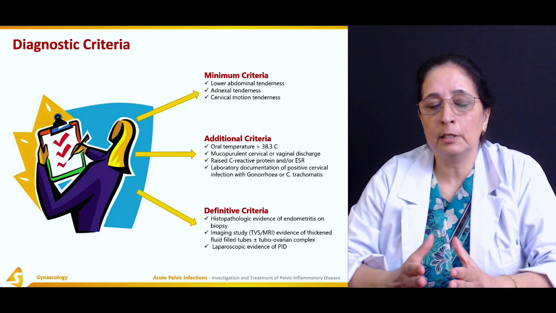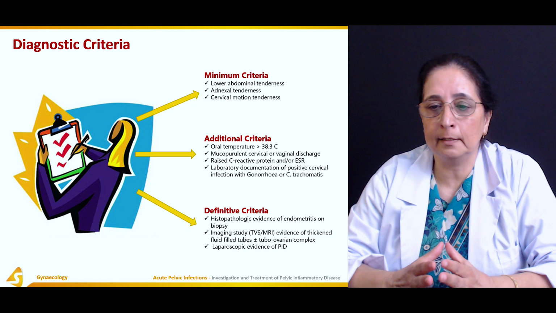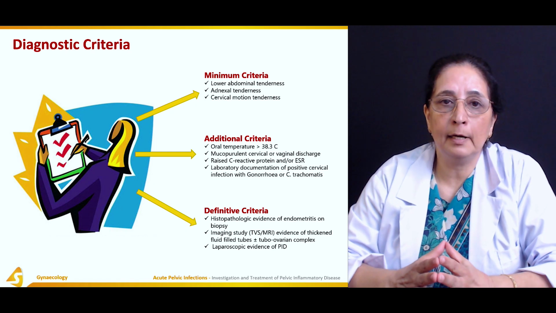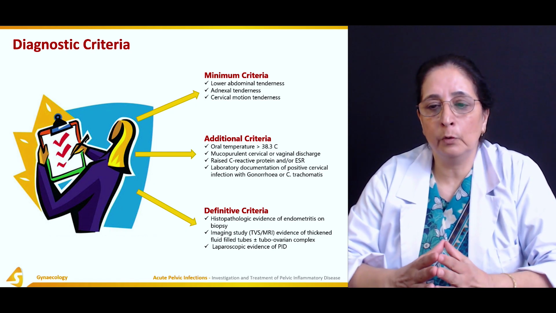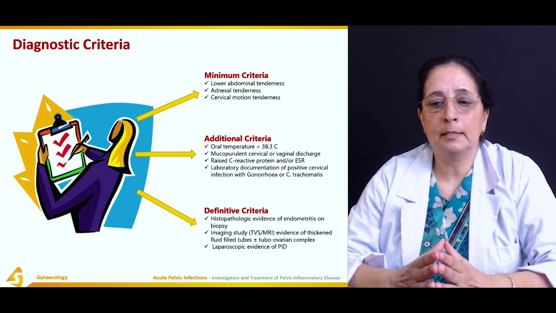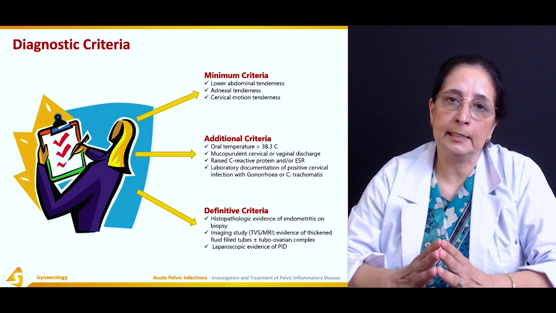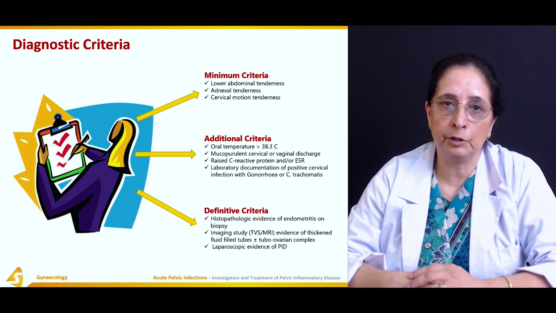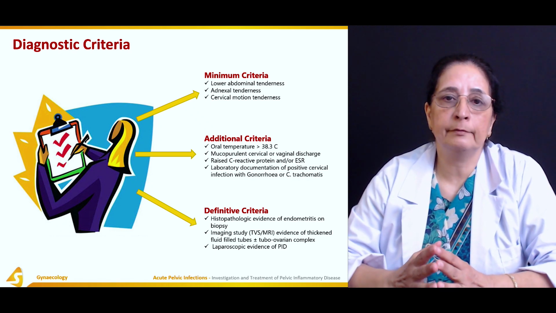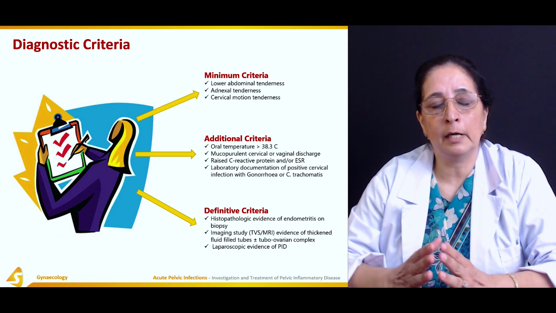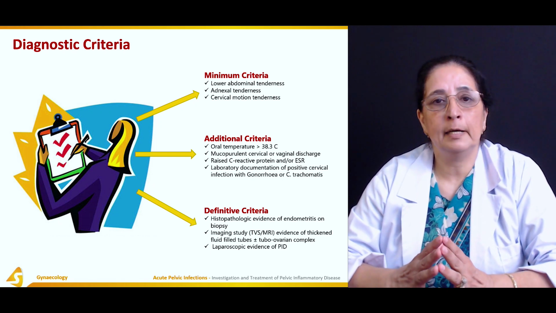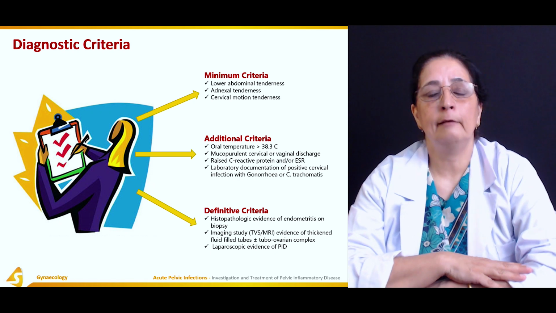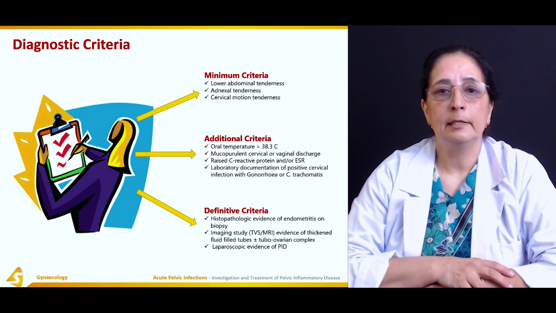Imaging study, which is MRI or transvaginal study, that shows evidence of thickened fluid-filled tubes or a tubo-ovarian complex is also definitive. And if there is laparoscopic evidence of PID on laparoscopic examination, that's also definitive criteria. So these are the three criteria on the basis of which pelvic inflammatory disease can be diagnosed.